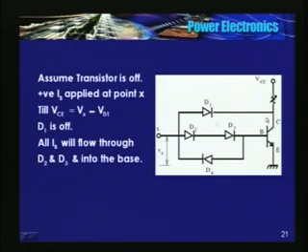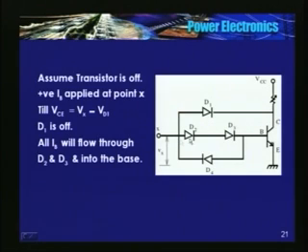So when D1 starts conducting, a part of IB starts flowing through D1. Therefore there is a reduction in current flowing into the base. So I will repeat: initially D1 was off, the transistor is off, Vce or the collector potential is very high, maybe equal to Vcc.